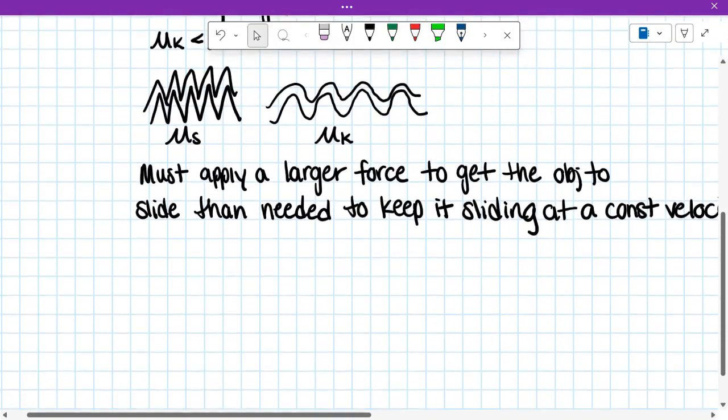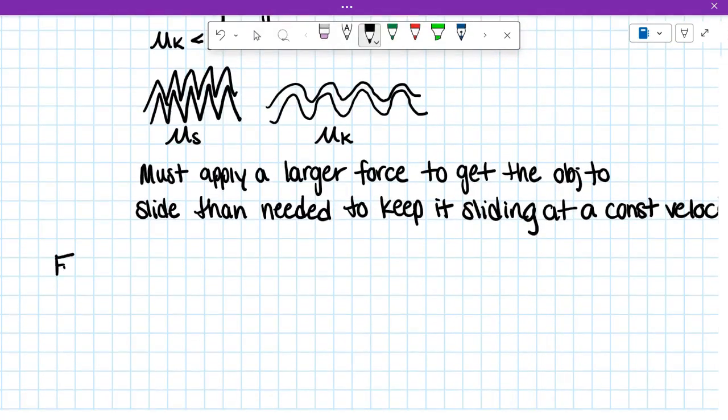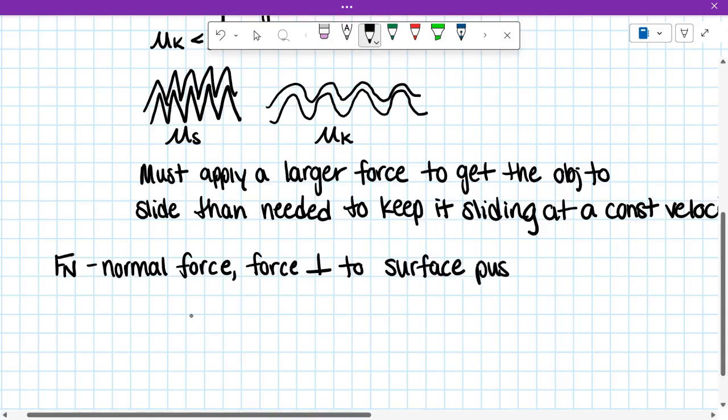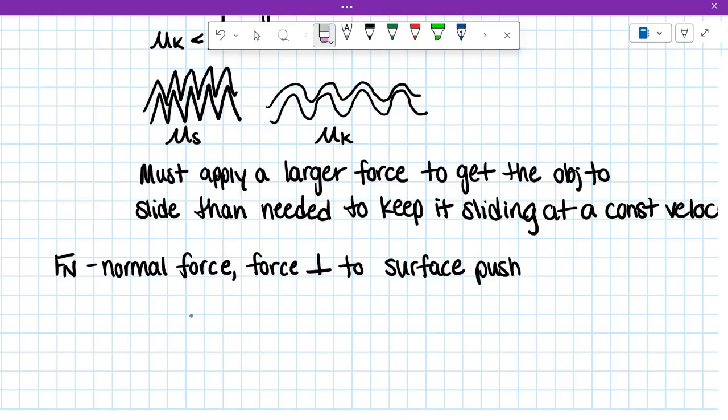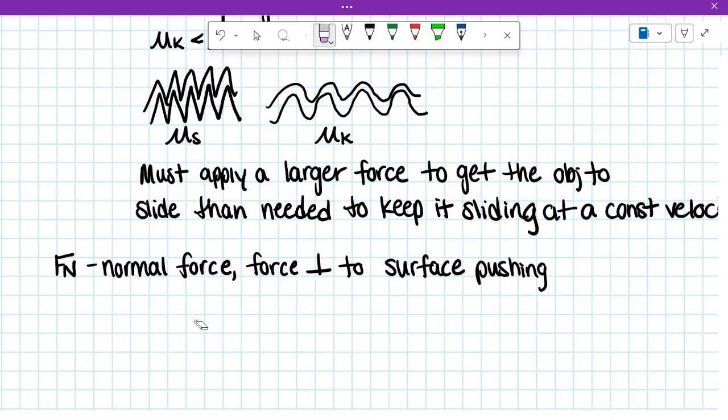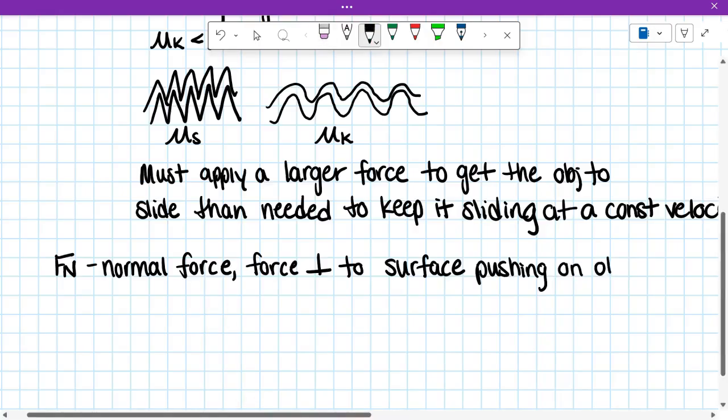All right, our last variable that's going to matter is, again, one that we talked about with static friction, and that is, of course, the normal force. Remember, the definition of the normal force is the force perpendicular to the surface, pushing upward, or pushing, it's not always upward, on the object.